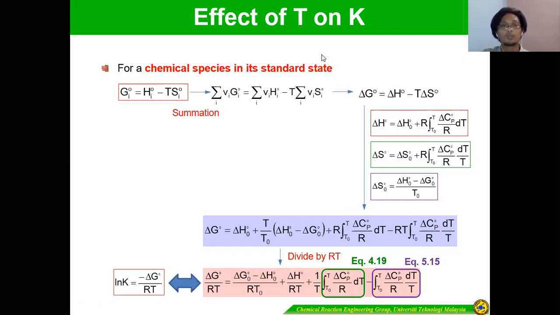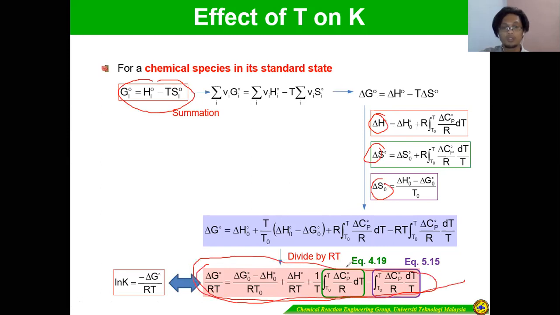This is derived from the Gibbs energy equation. Just substitute the values of delta H naught and delta S naught, and we can get the final equation to calculate the equilibrium constant.